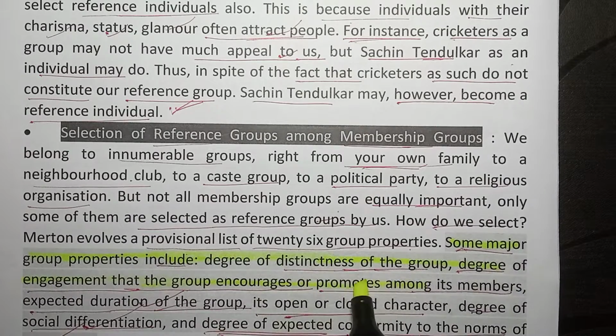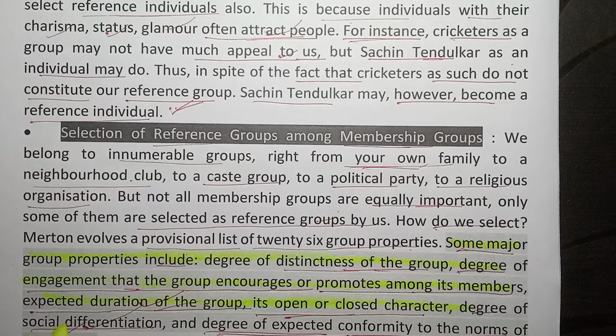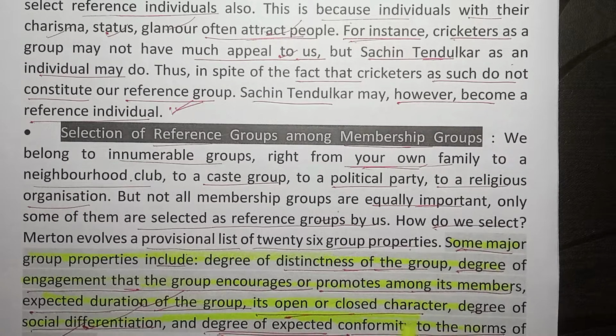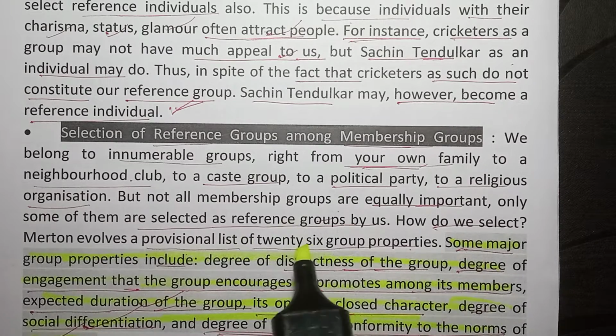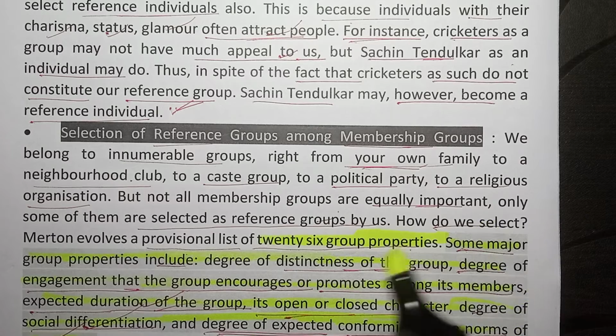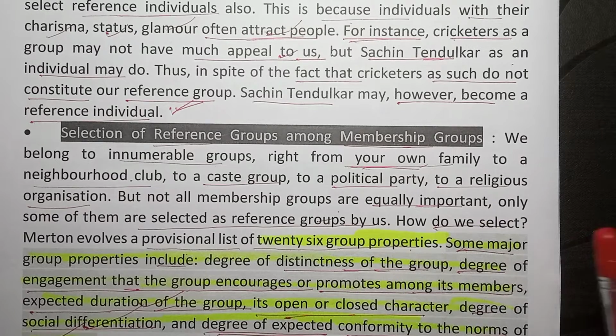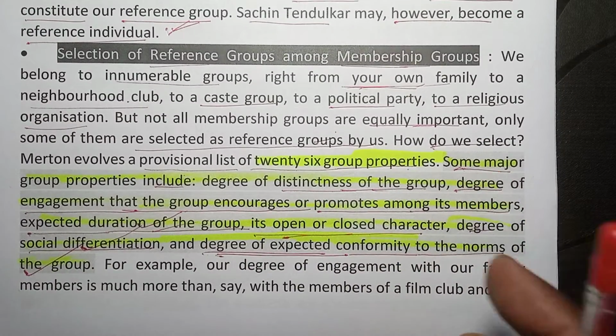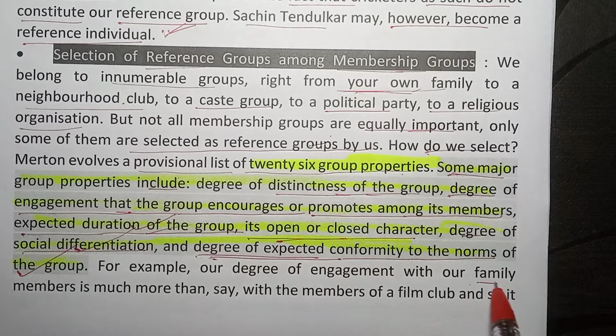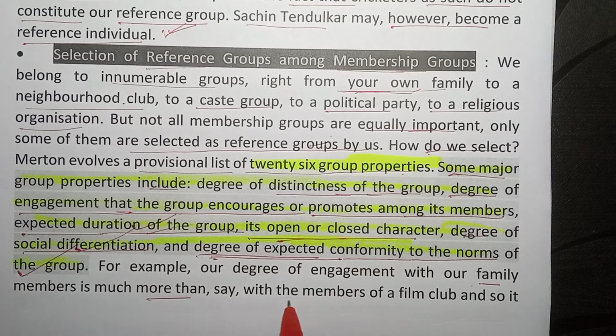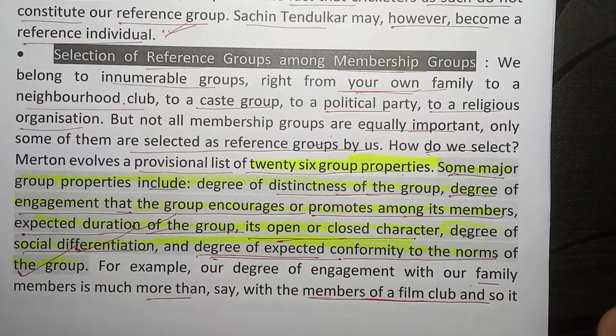Merton has mentioned 26 such kind of provisional list for membership groups' characteristics. Here, for example, our degree of engagement with our family members is much more than, say, with the members of a film club.